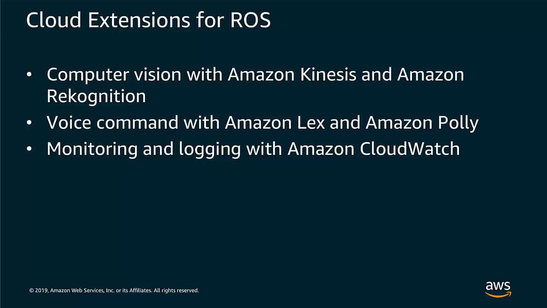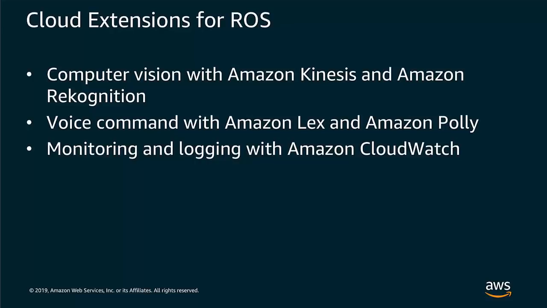So our cloud extensions for ROS target specific robotic developer functionality that has supporting AWS services. So if you're interested in doing computer vision, we offer a cloud extension for Amazon Kinesis and Amazon Rekognition. For voice interaction, voice commands, or voice out, we offer cloud service integration with Amazon Lex and Amazon Polly.